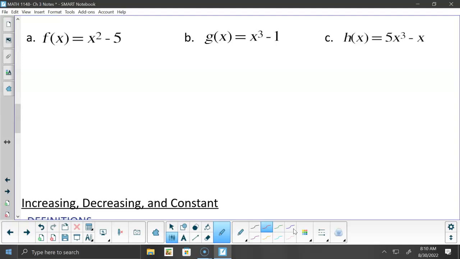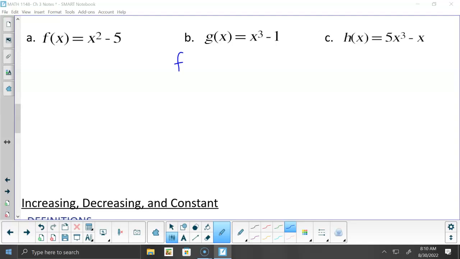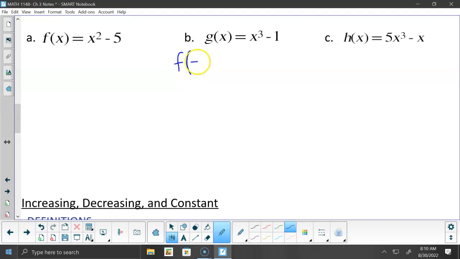B? All right, so first thing I have to check is f of negative x. I know it's g of x, but we're just going to check f of negative x.